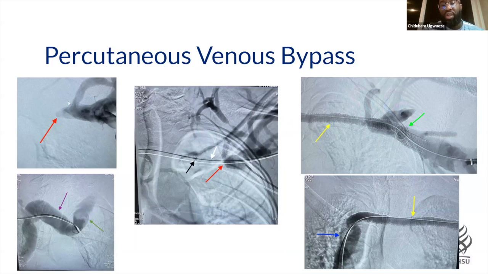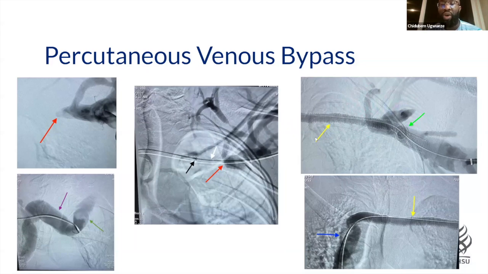You first tunnel from this access to your access here, so you have a percutaneous tunnel between both accesses, and then you get a wire across that percutaneous tunnel and snare the wire from the outflow down into your peripheral access on this side.